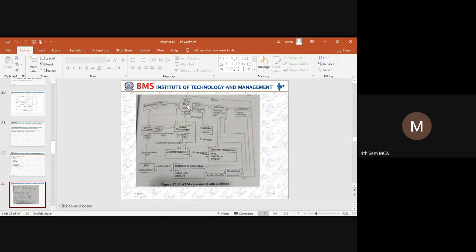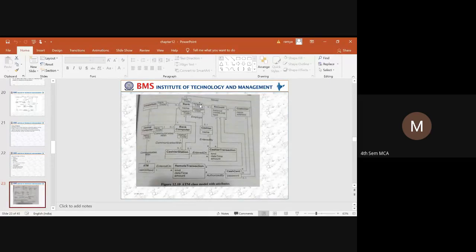Next, this bank has a card code. So whatever the cash card that a customer is going to get, it also includes a bank code. And this bank has a name as an attribute. For this bank, we have some other qualified attributes such as a station code, an employee code, and an account code.